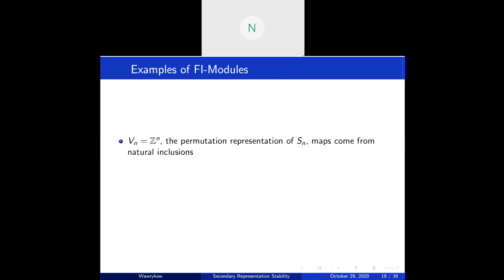If we include n coordinates into n plus 1 coordinates in the normal way, then the symmetric group action on the remaining coordinates still fixes the image, because you're just permuting an independent vector space, and nothing bad happens. Similarly, it should be pretty obvious that these inclusions are S_n-equivariant.